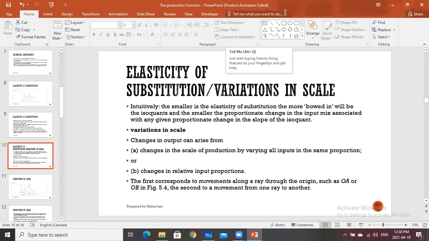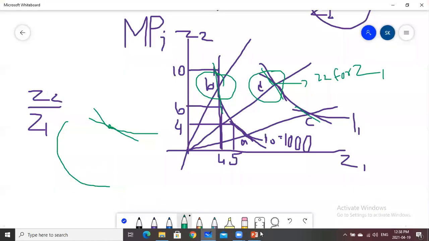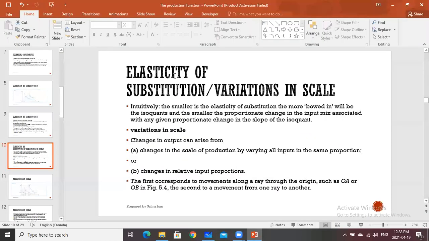Elasticity of substitution जितनी smaller होगी उतना curve वो होगा, ठीक है ना? उतना curve में हमारे पास curve की shape इस तरह से होगी, ठीक है? And the smaller the proportionate change in the input mix associated with any given proportionate change in the slope of isopoint. Okay, let me stop it over here. If there are any questions, you can ask.